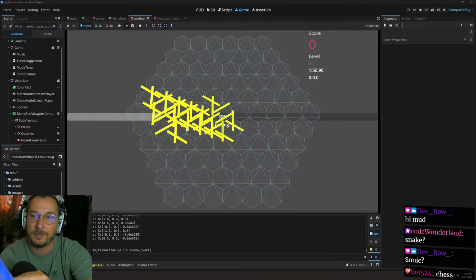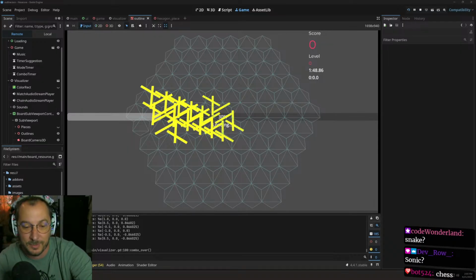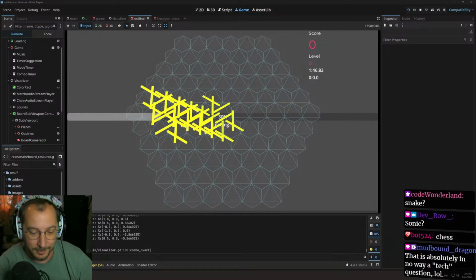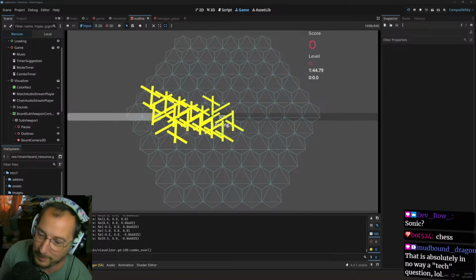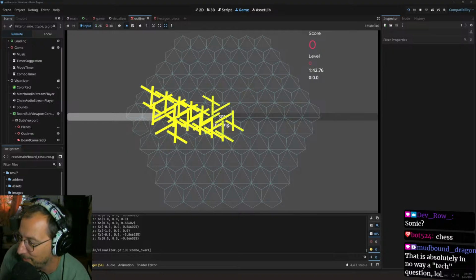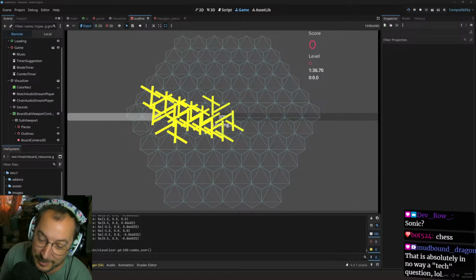From the 2008 Test Your Video Game IQ, Are You a Games Genius? Here's the question. Here we go. From the simulation and strategy section. That is an absolutely no way a tech question. In the United Kingdom and Ireland, The Sims on Holiday for the PC is the same expansion pack as this one in North America.